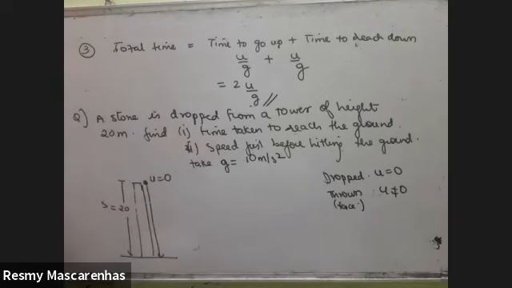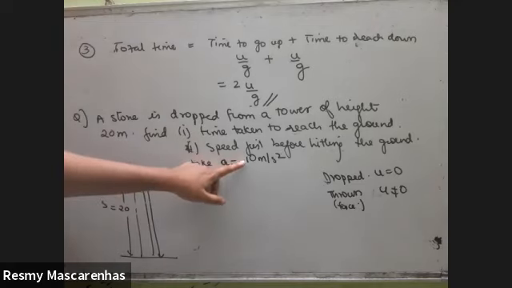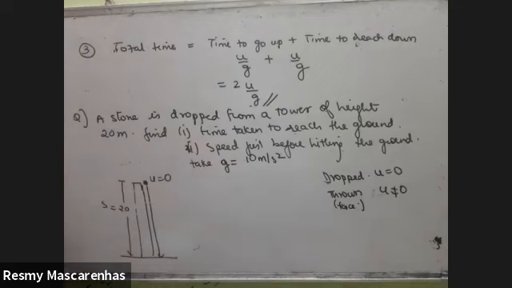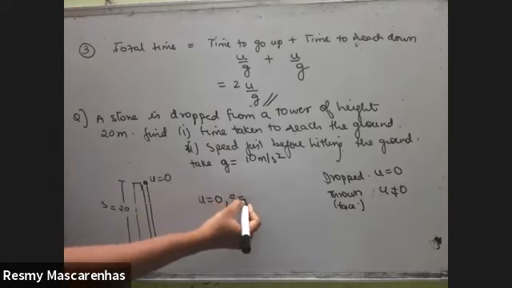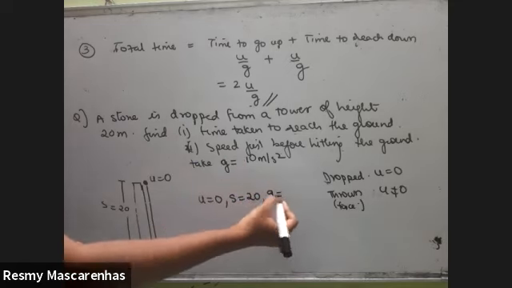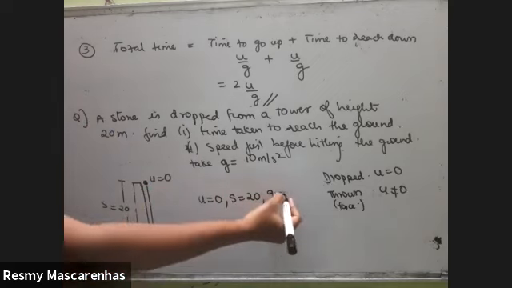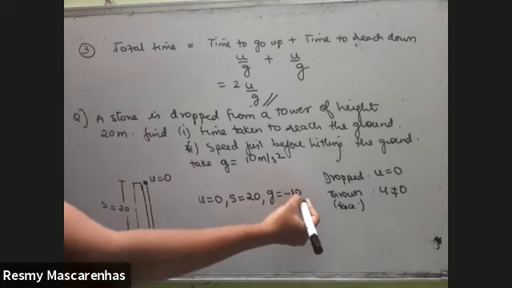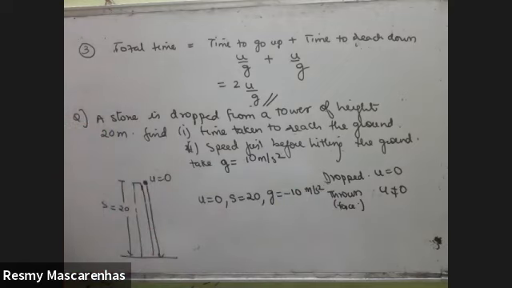You have to know that you have to take minus, irrespective of whether they have given it as plus or minus. So you know that u is 0, s is 20, and g is, irrespective, as I told you, whether the ball is going up or coming down, minus 10. G is always negative for this.